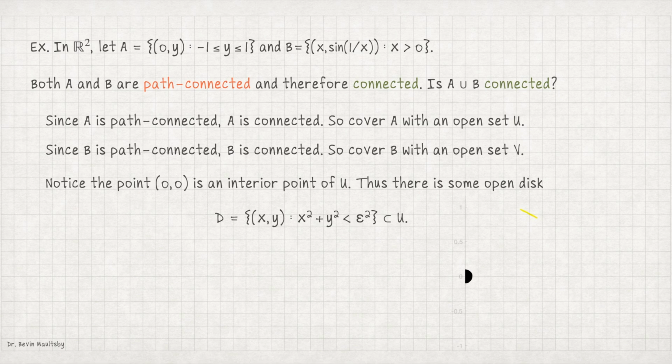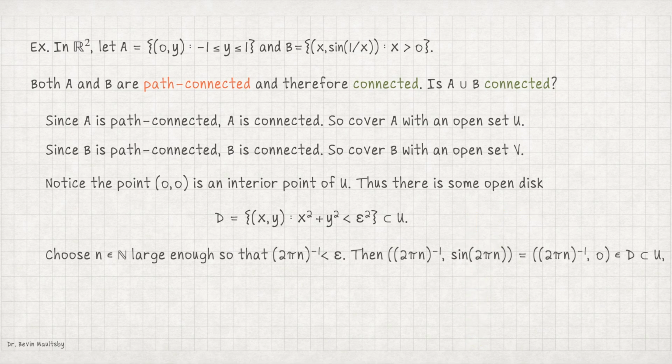If you imagine what that's going to look like, it's an open disk around the origin, and my sine wave is going to start oscillating inside of the disk. We just need to verify that that happens. So choose some natural number n large enough so that 1 over 2 pi n is smaller than epsilon. Then the point x equals 1 over 2 pi n, sine of 2 pi n, maps to the point (1 over 2 pi n, 0) on the x-axis.